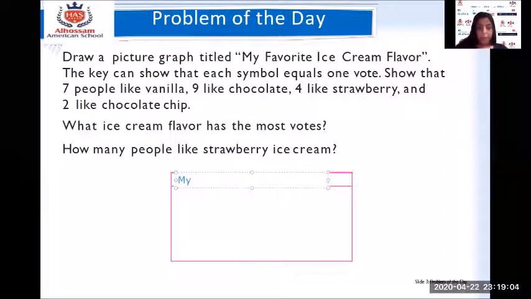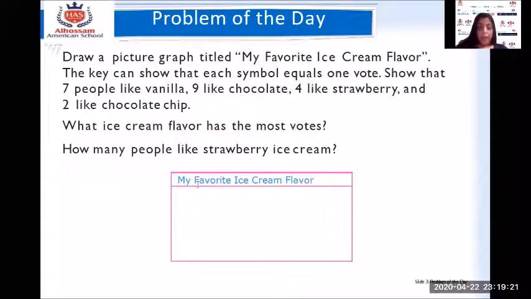My Favorite Ice Cream Flavor. Like that. Then I have 4 different flavors: vanilla, chocolate, strawberry, and chocolate chips. So I have to draw 4 rows for each one of them. Like that.